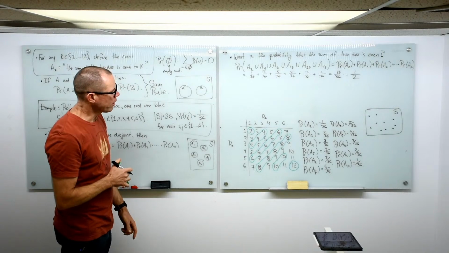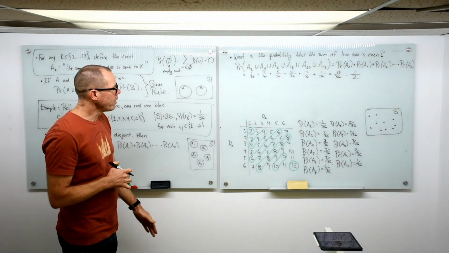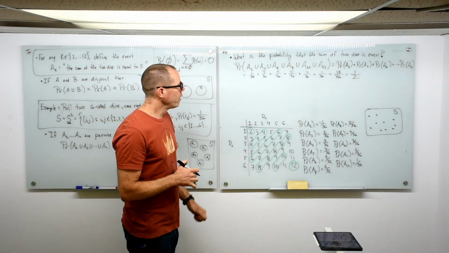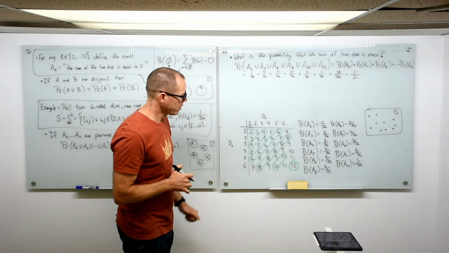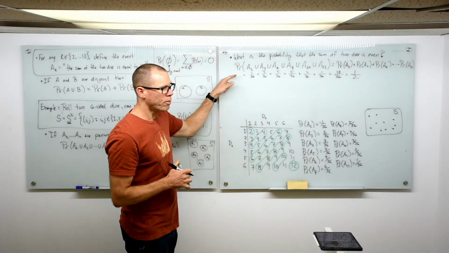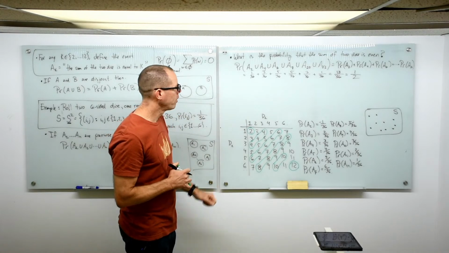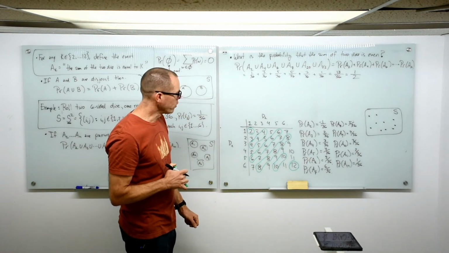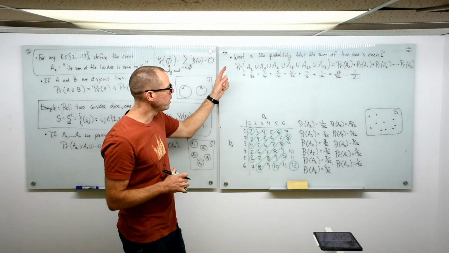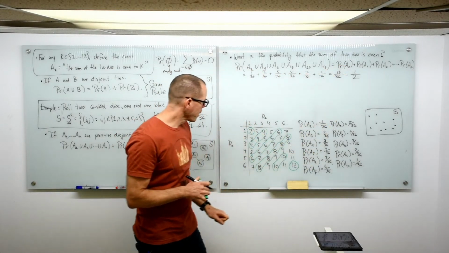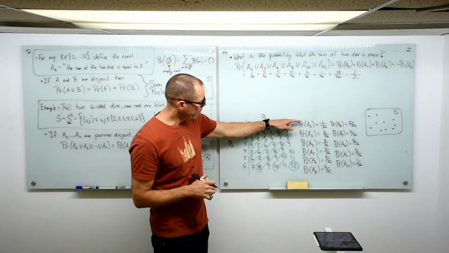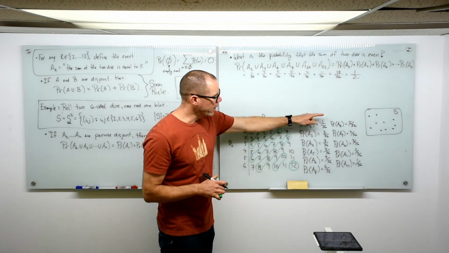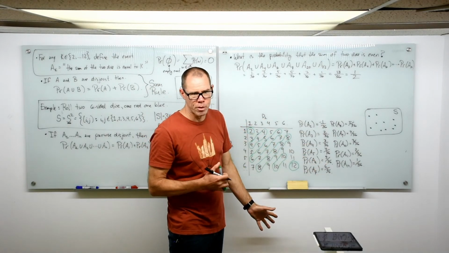But actually, looking at it now, it was even less obvious that this was going to work out to a half. Right? Because if I do the same thing, what's the probability that the sum is odd? Well, then I have to add up these numbers. I get a completely different looking sum that happens to work out to a half.